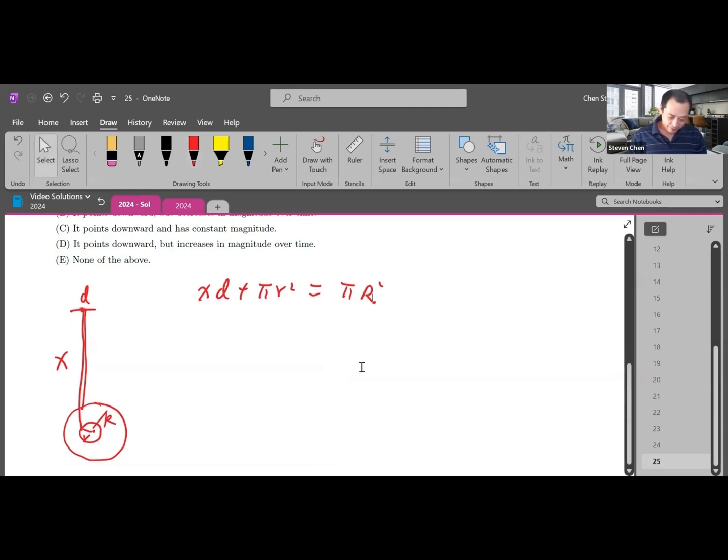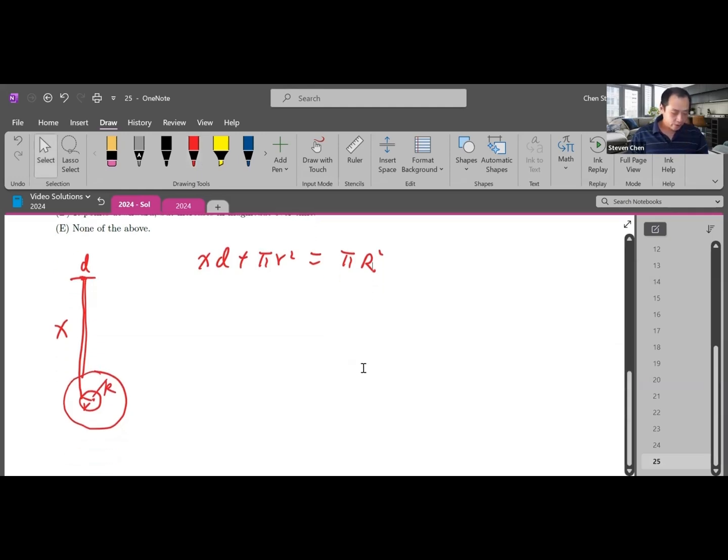And next, let's write down another equation. That is the conservation of the system's energy. At each point, what's the kinetic energy? It is equal to 1/2 of the mass times the square of the velocity of the center of mass, right?